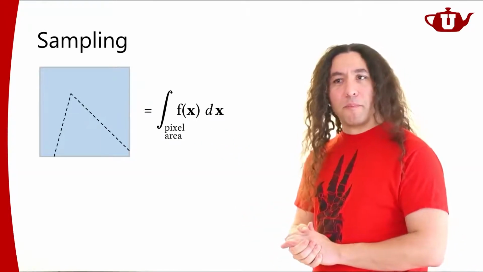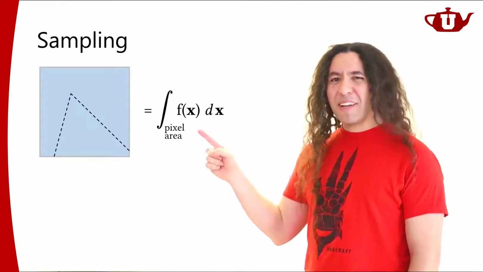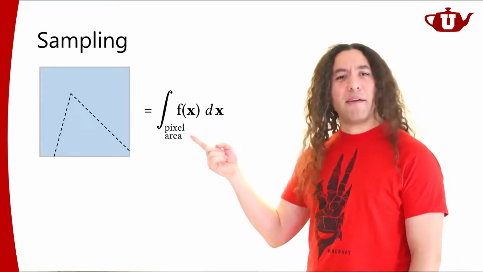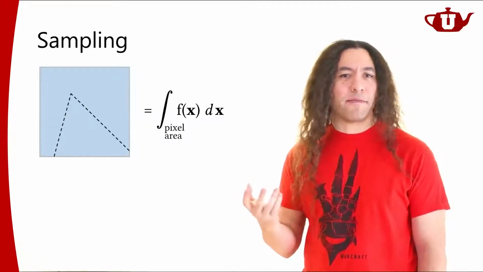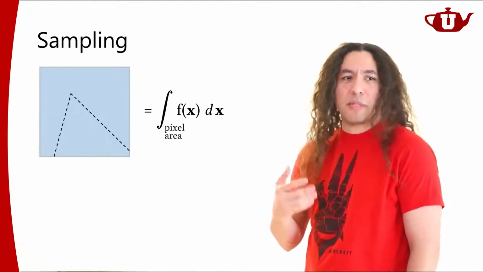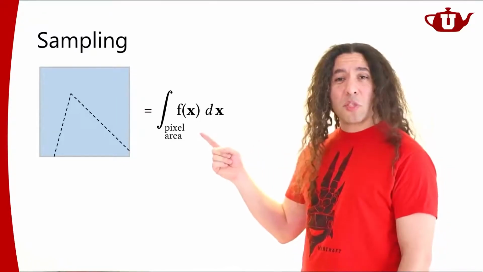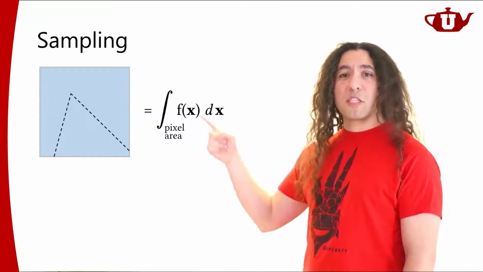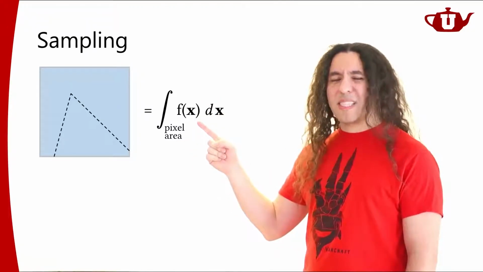But here's the problem. I said I have this magical function f, but I don't actually have a very good and precise definition of f always. I'm doing some rendering, I'm getting one triangle at a time and so forth. So computing this continuous integral without having this function is kind of hard.